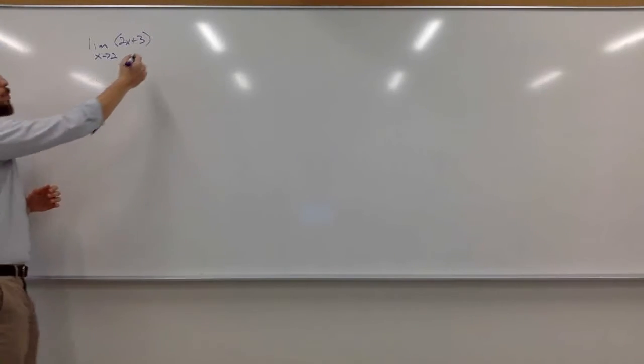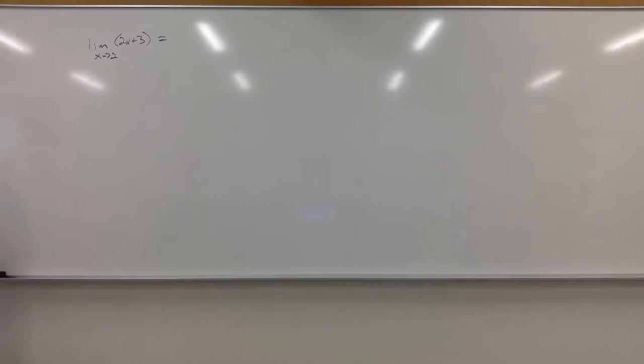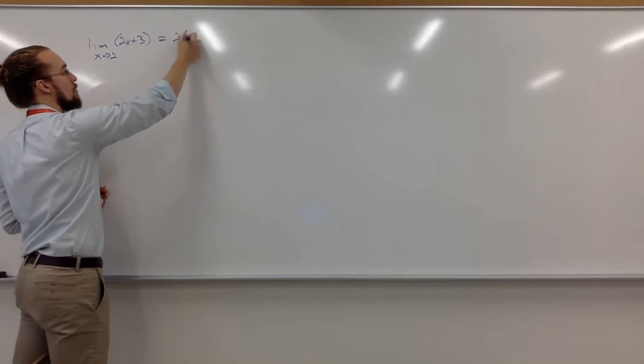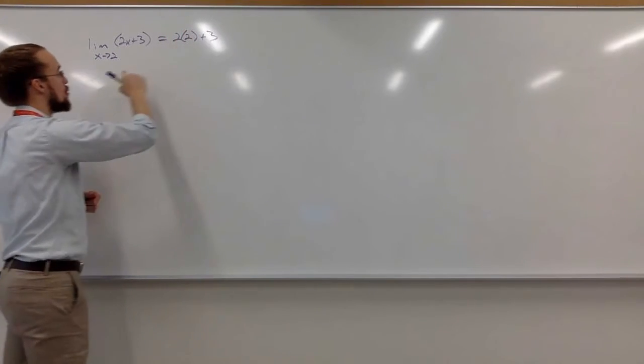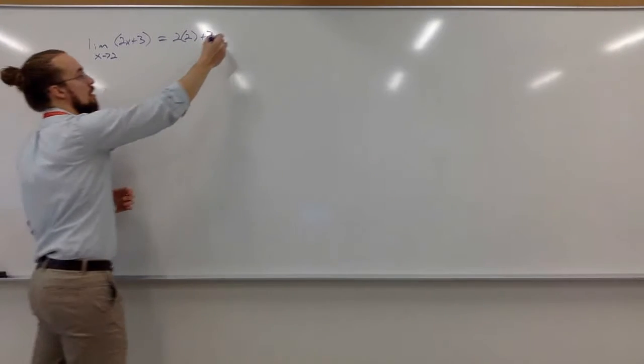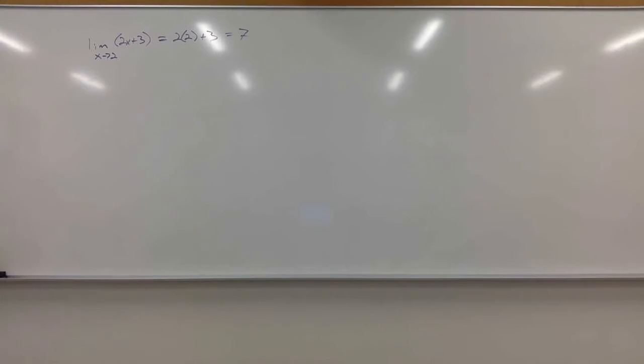It's just a line. So what I can do here is just plug that value of 2 into the function. So this limit is going to be 2 times my x value of 2 plus 3. The limit of 2x plus 3 as x approaches 2 is equal to 7.